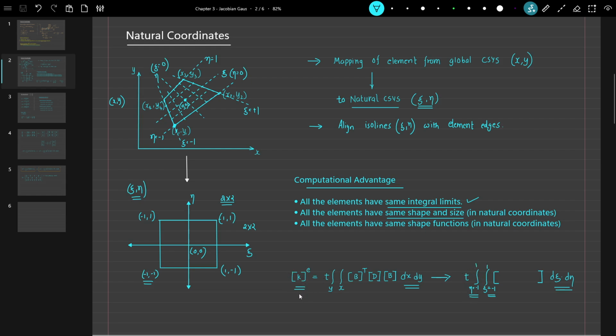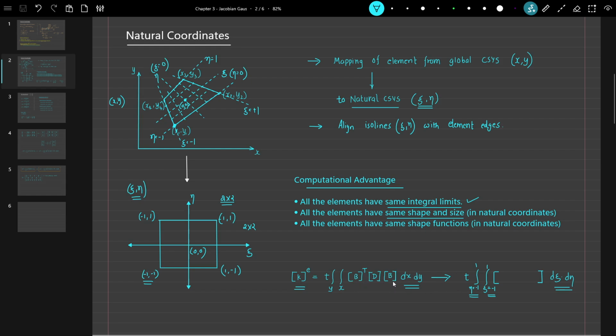So we now write the element stiffness matrix from xy to zeta eta. Okay. But it is not only this much, because there is something we need to perform, because we cannot simply change the limits and put it here. Okay, there is something which is changing.